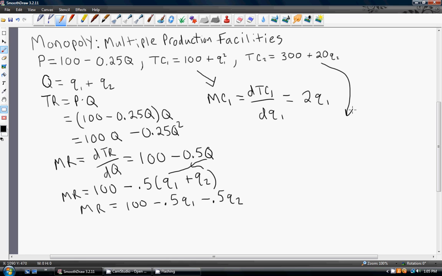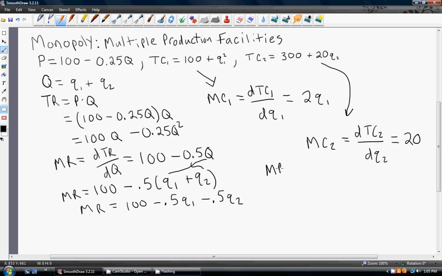Marginal cost from plant 2 is even easier. Taking the derivative of the total cost equation with respect to output, we get 20. Constant $20.